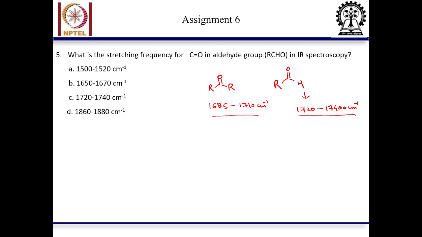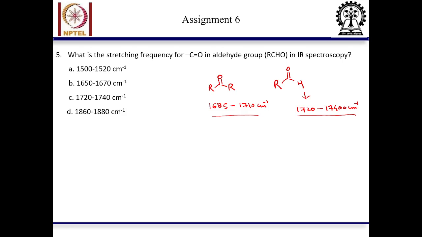Other than that, once you are going for the analysis, you have to think critically about the difference between those two compounds, through which we can find out the characteristic peak responsible for that particular compound.